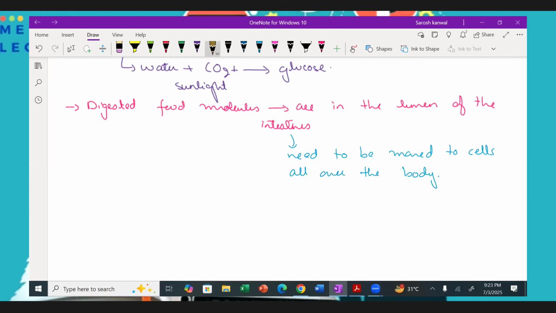And for that, it needs water as a solvent.